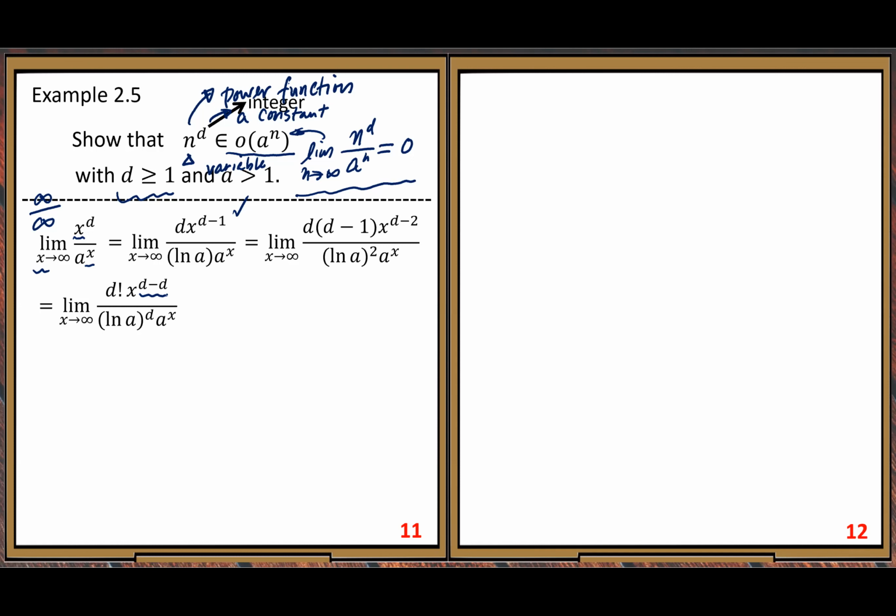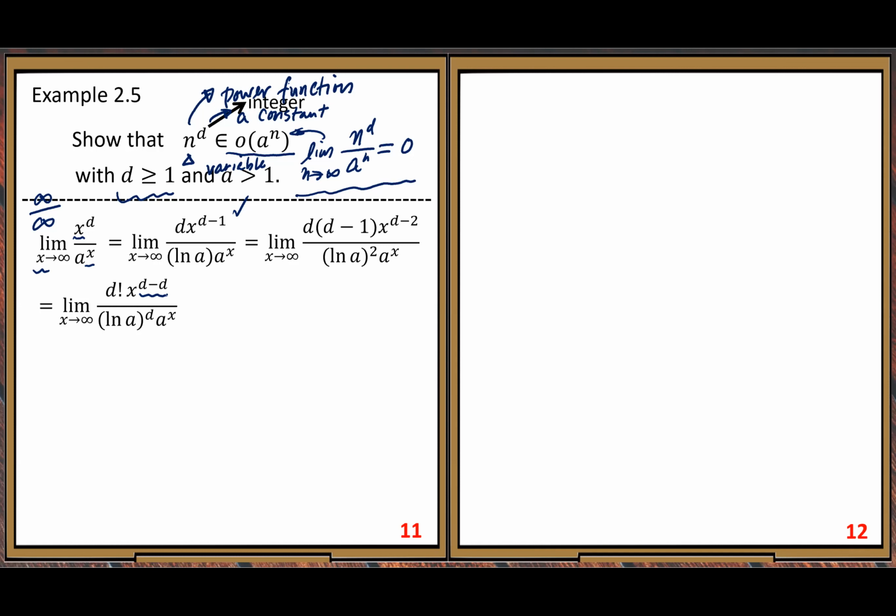Then you cannot apply L'Hopital's rule another time. That's illegal, because it's not infinity over infinity. It's not an indeterminate form. The numerator is determinate. So you have to stop applying L'Hopital's rule, but you can get the answer directly because the numerator is a fixed number and the denominator still goes to infinity.